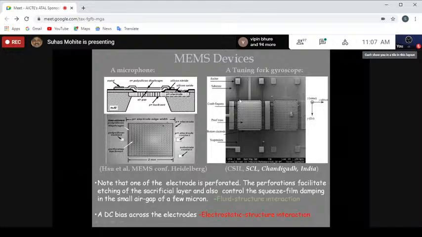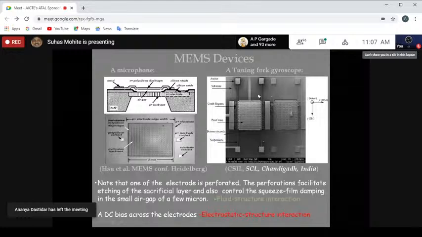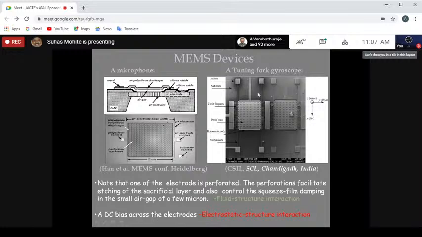So you can see here, if it was a solid plate, then the etchant has to go from the sides. Now the gap between the substrate and this particular plate is a few microns. So the etchant, if it is made to go from the sides, will not reach till the center. The etchant will etch out some portion near each edge.